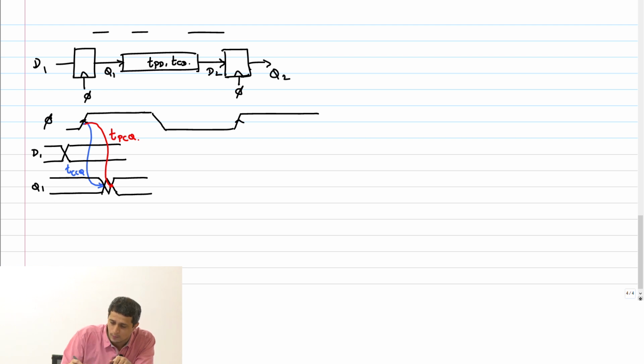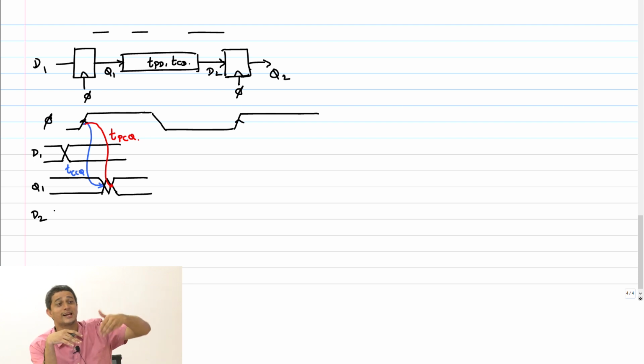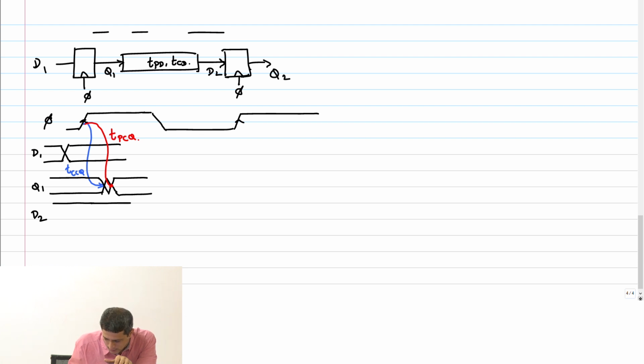So now what do I do? I am going to look at D2. D2 is the output of the combinational block, right? So the moment Q1 starts changing, the earliest change that happens at the output of the combinational block is the contamination delay of that block, which will be determined by the shortest path of change, right? So D2 will have another similar structure here, where you have some changes like this.